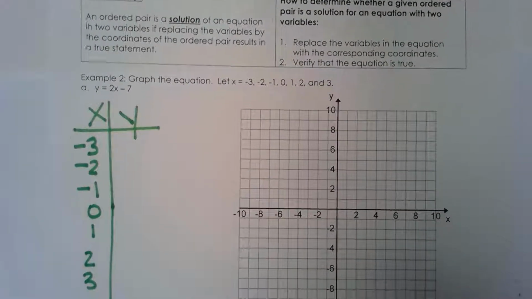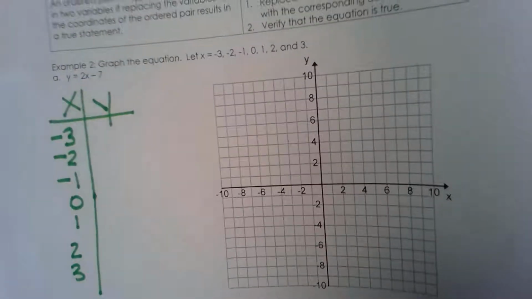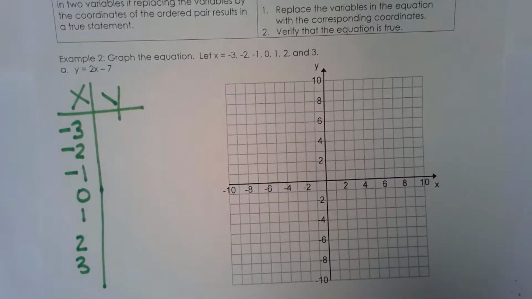Now, for the sake of showing you, we have y is equal to 2x minus 7, and I want to substitute -3 in for x to find y.